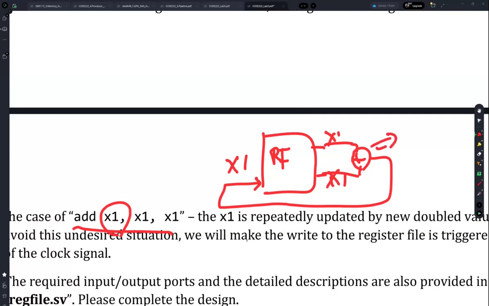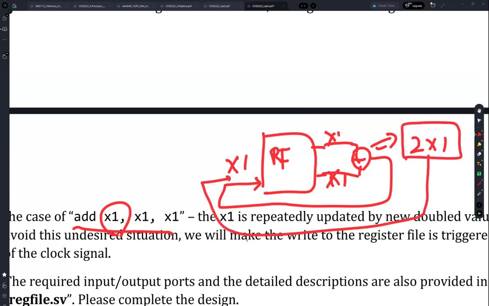It becomes 2x1, and this updated value is written back to x1. In RTL hardware design, if the input signal values change, the component will work.